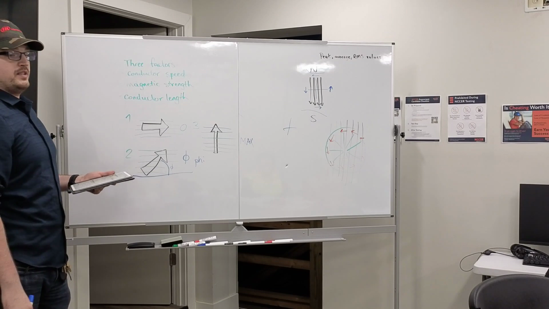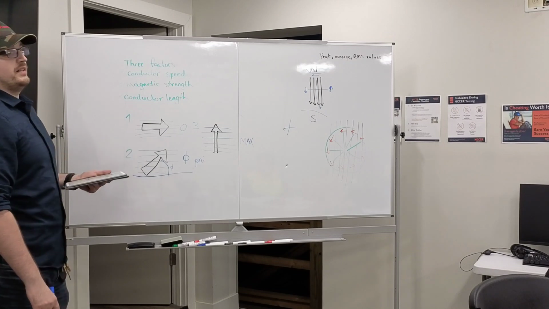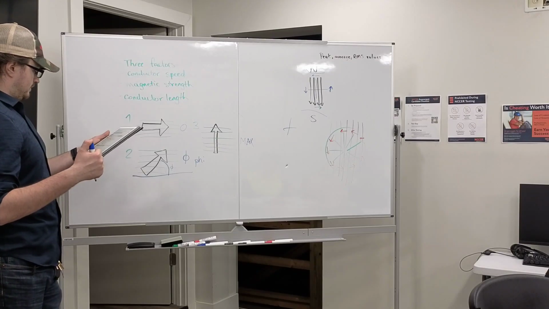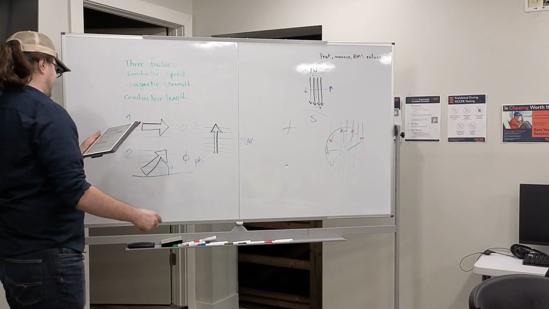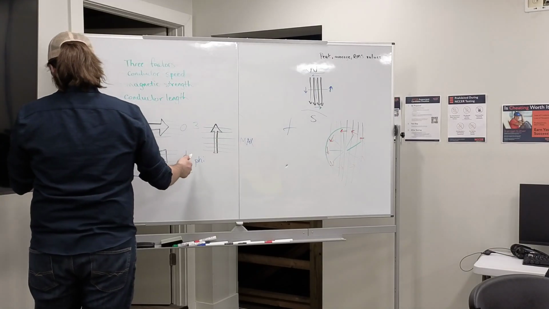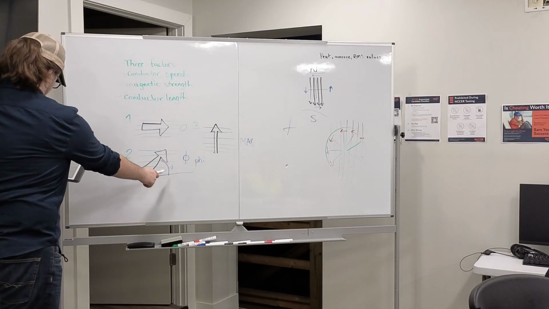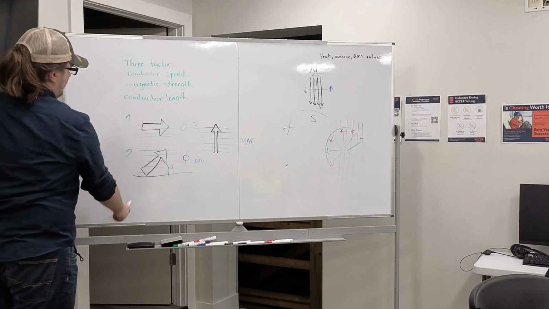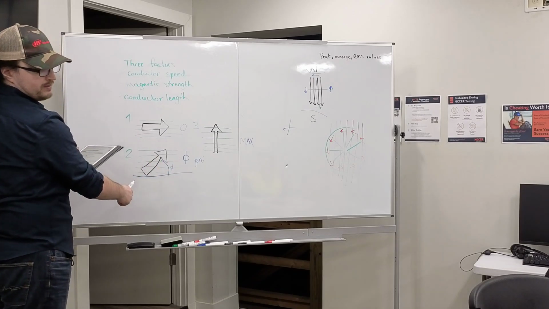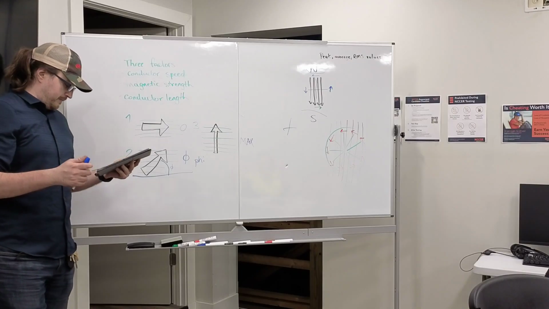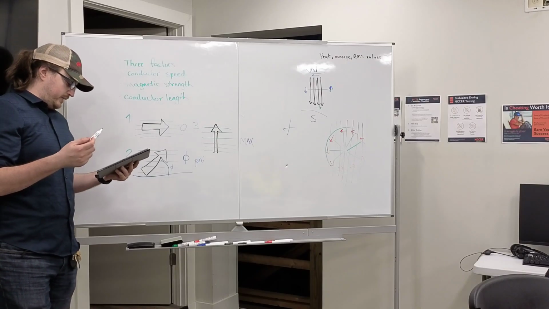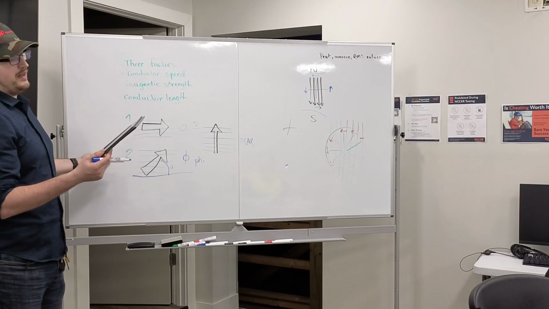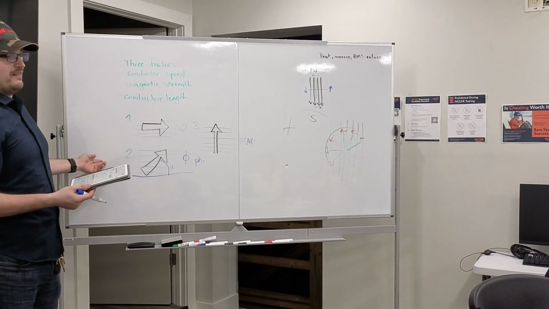Anytime you see that symbol, phi, you're talking about an angle. The angle phi is going to be the angle between the lines of flux and the current motion of the conductor. The magnitude of the voltage produced by this is going to be proportional to the sine of the angle of said interaction.